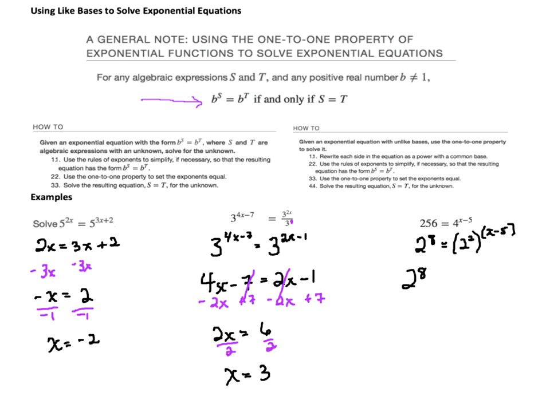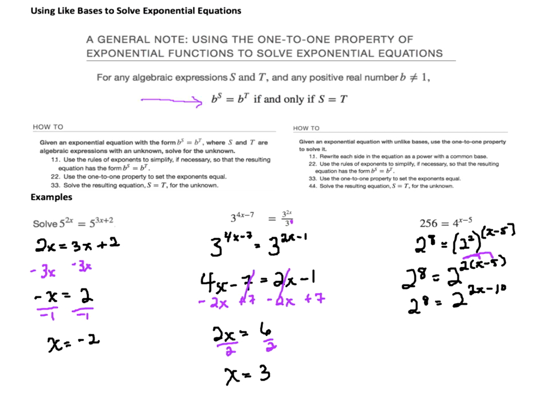So I basically have 2 to the 8 equals 2 times, okay, so when I'm raising a power to another power, here's another exponent rule, I have 2 times x minus 5. And I need to distribute that 2. So I now have 2 to the 8 equals 2 raised to the 2x minus 10.